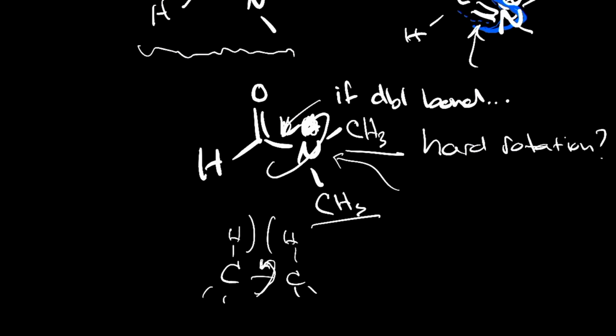If it's clearly a pi bond, that is always a pi bond, and doesn't have a resonance contributor that makes it a single bond, then there's just going to be no rotation around that. Now, if you have something that's drawn out as a single bond, but you can show resonance to make it a double bond, you have to ask yourself, how strong is this resonance structure, and how much does that mean it's going to have pi character?